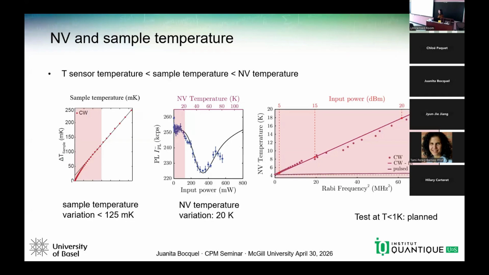But really, what we need to do is to further cool down those NV centers and those structures, and this is planned. It's not been done. Yeah. So this is what the story is at the moment for millikelvin operation of scanning NV magnetometry in Basel.